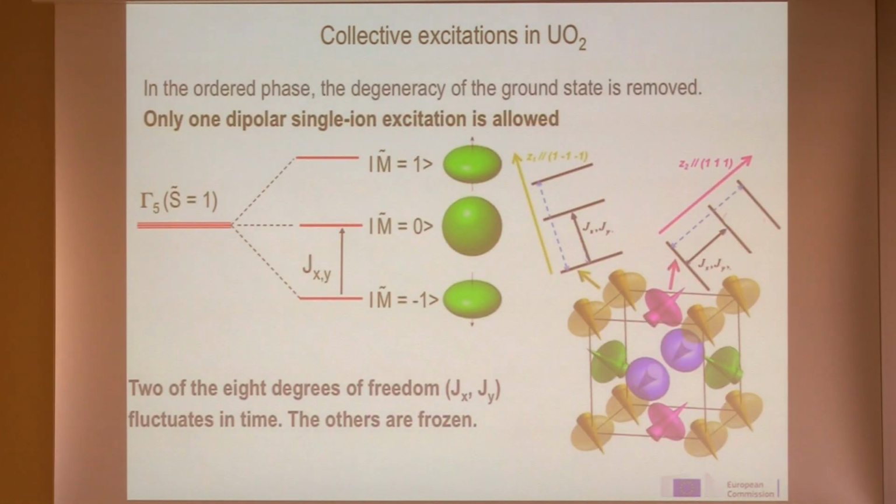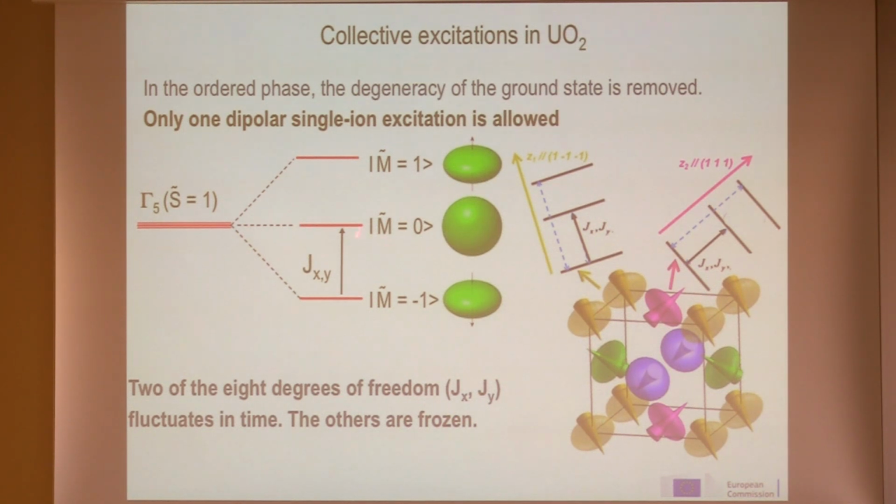So if in the ordered phase the degeneracy of the ground state is removed, we have a Gamma 5 state, a triplet. We can model it with a pseudo-spin equal to 1, with components -1, 0, and 1. There is only one dipolar single-ion excitation possible, involving Jx and Jy. So all the other 6 degrees of freedom would be frozen if we consider only dipolar single-ion excitations.